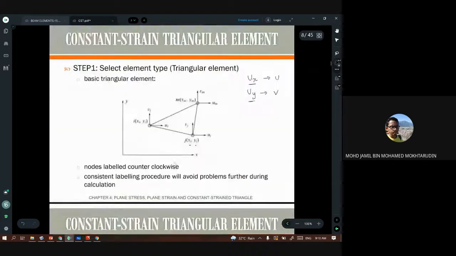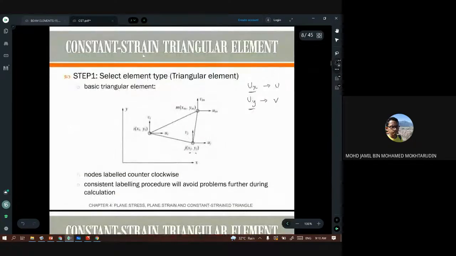And then if you use constant strain triangle, we need to know the naming convention. We name the nodes on the triangle counterclockwise. So we put the leftmost node as number one, then follow counterclockwise.